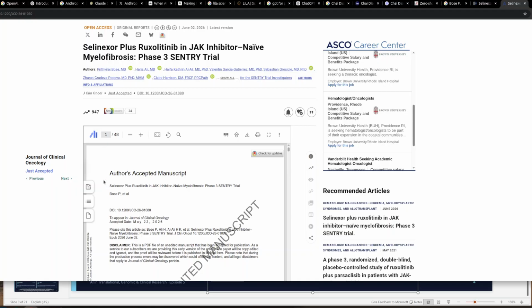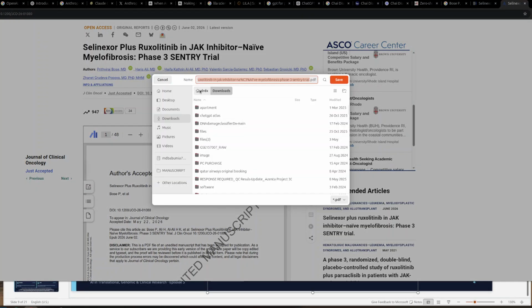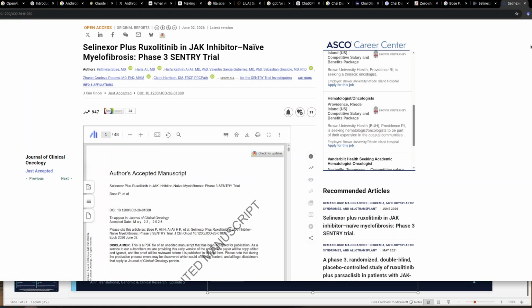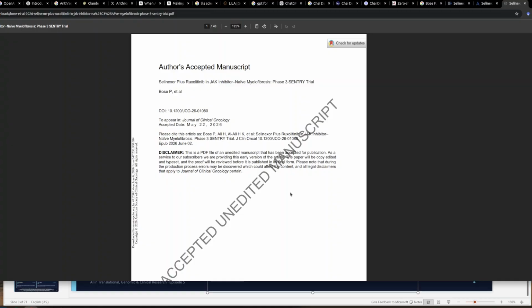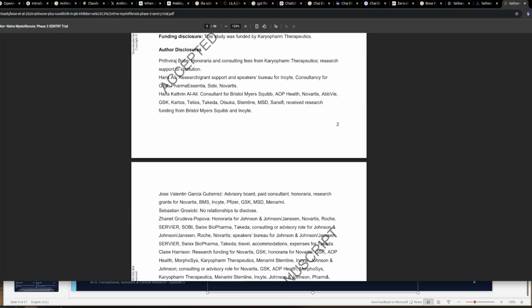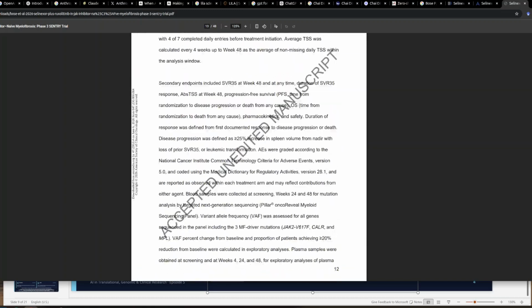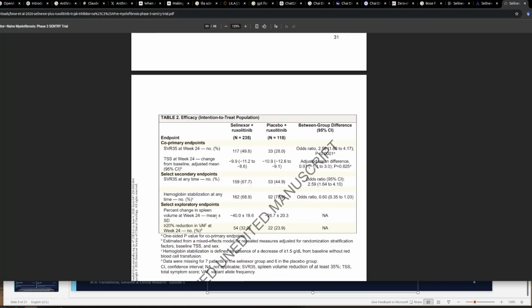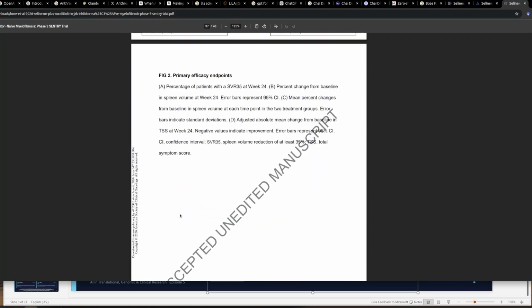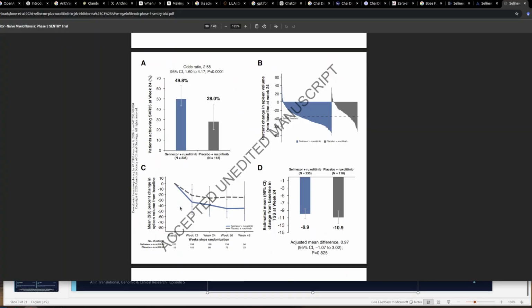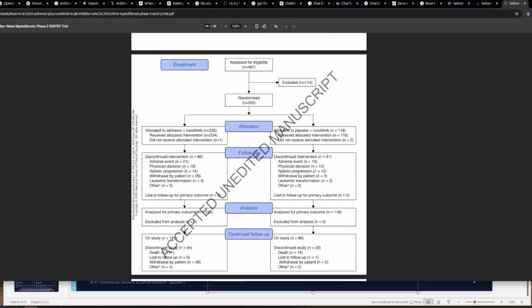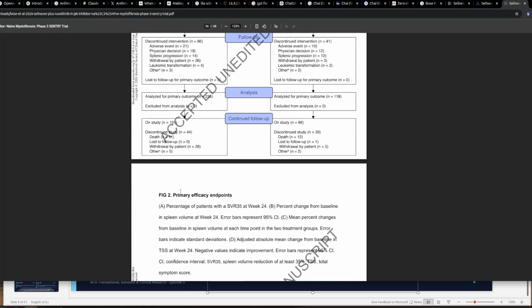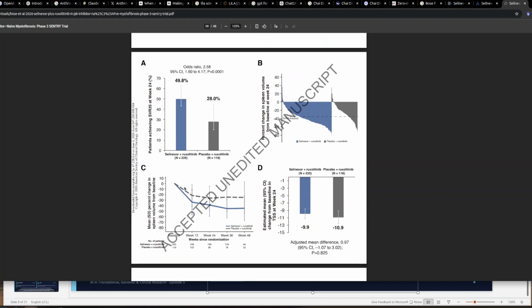You treat myelofibrosis patients, myeloid malignancy, who are all treatment naive of JAK inhibitor treatment, and you use selinexor, an XPO1 inhibitor, and a JAK inhibitor, ruxolitinib, both of them together, so that the patients are treated well.